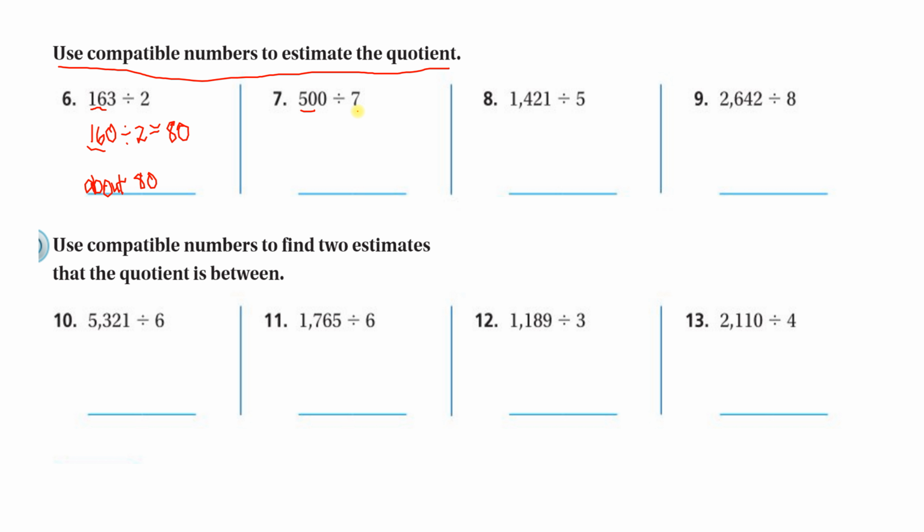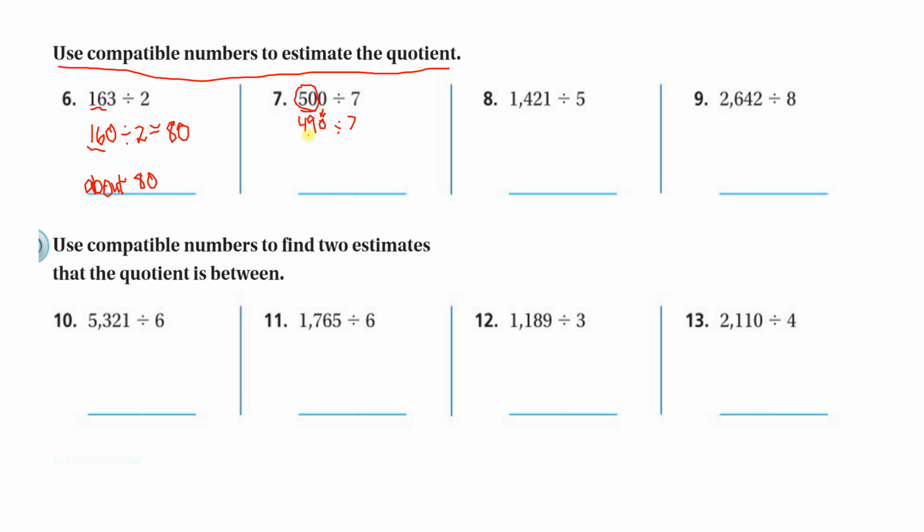If I use my multiples of 7, 7, 14, 21, 28, 35, 42, 49. 49 is very close to 50, and then I add my 0, so I'm changing this 50 into a number that's nice and compatible with 7. 7 will go into 49 evenly, and then I can't forget my 0 though, because it's actually 490.